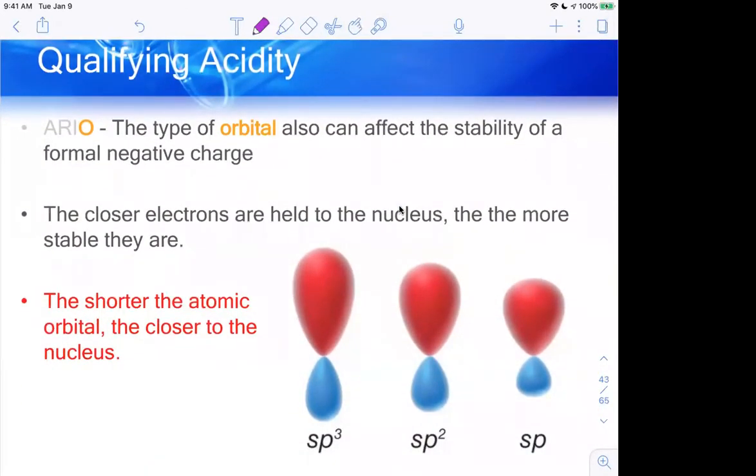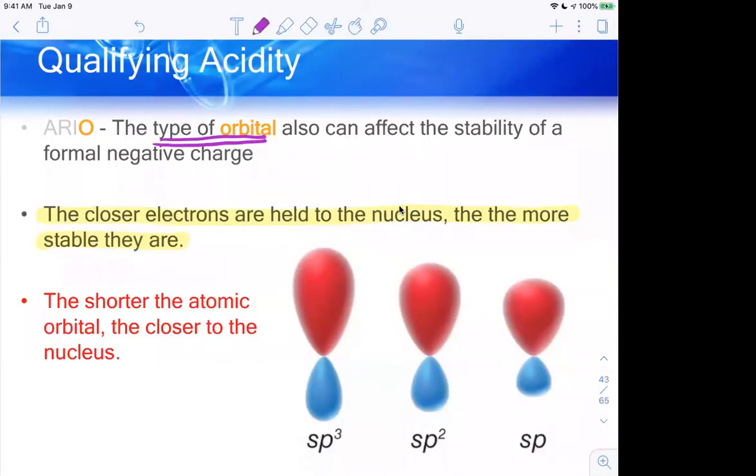I can also look at the s character of an orbital, which is the type of orbital. This can also affect the stability of a formal negative charge. And that's due to this principle. The closer the electrons are held to the nucleus, the more stable they are.